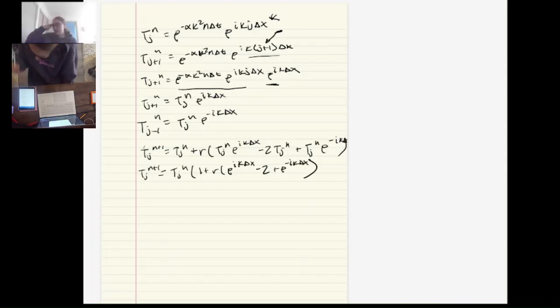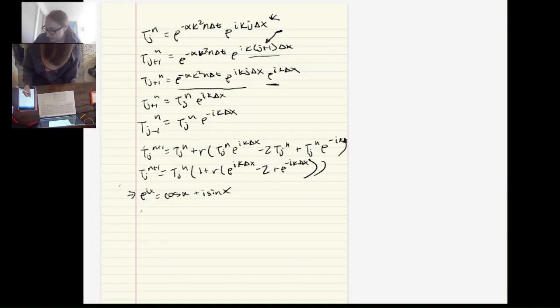And then from this, what we want to do is look at Euler's solution. So e^{ix} is equal to cosine of x plus i sine of x. Since we know this is a solution, we can plug this in here.